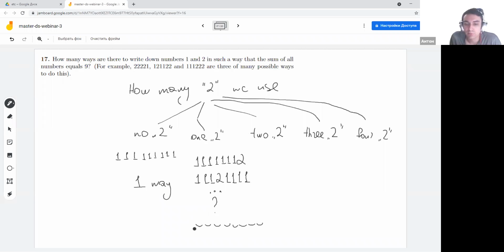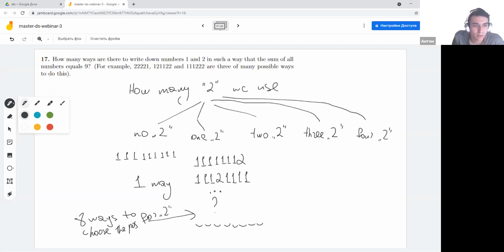So there are 8 ways to choose the position for 2, and the other positions will necessarily be filled with 1s. So there are just 8 possibilities to rearrange this sequence. So we have 8 ways here.